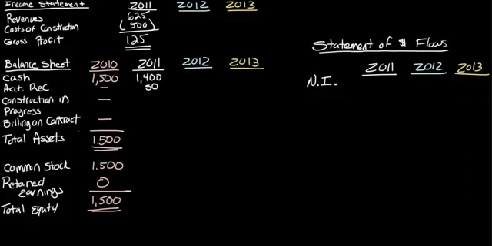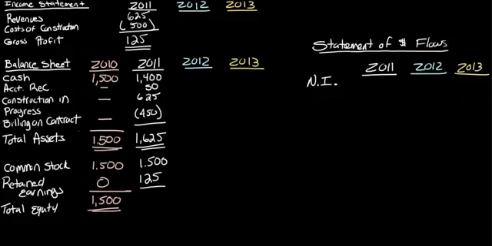Construction in progress is $625, and billings on contract is a contra account to construction in progress. And so if we look at that, my total now is $1,625.